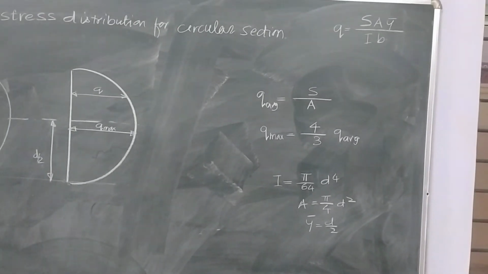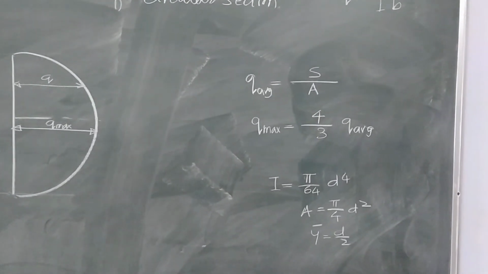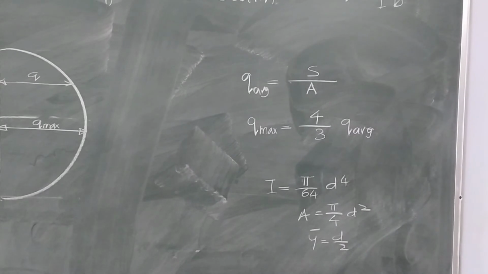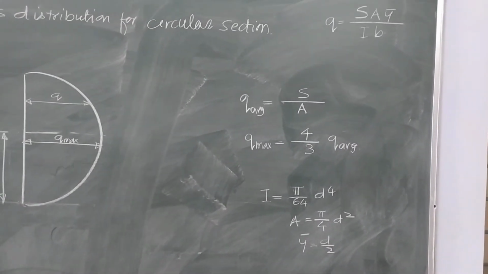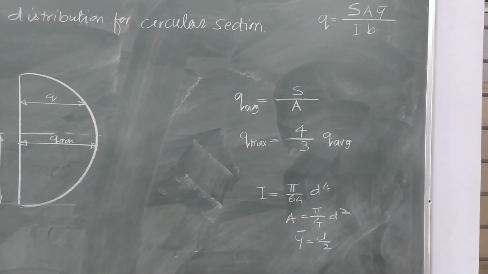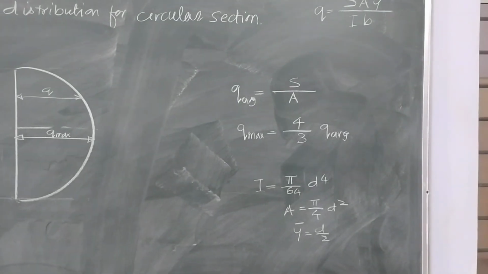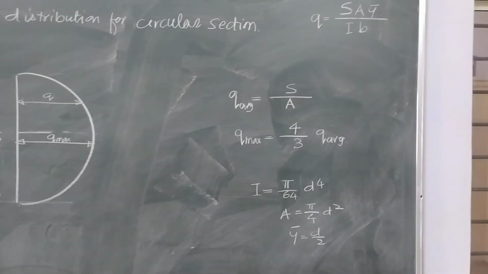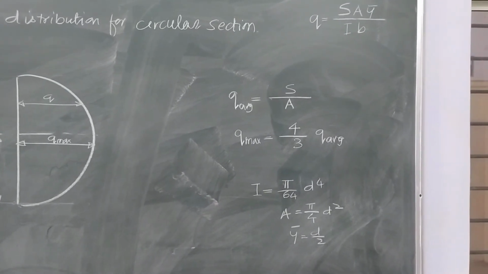Q average is equal to S upon A and Q max is equal to 4 by 3 into Q average. In the last case it was 1.5, now it is 4 upon 3 Q average.